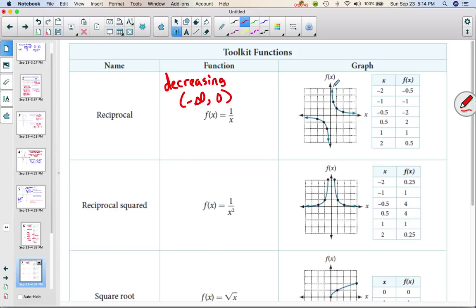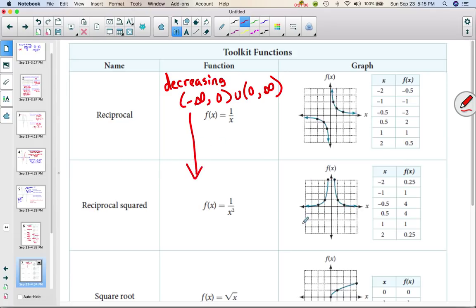And then you're the little bug and you're still crawling and you're still decreasing. So I'm going to put union 0 to infinity. Okay, now I can't just pass over that 0 because it's undefined there, so I have to write it out like this.